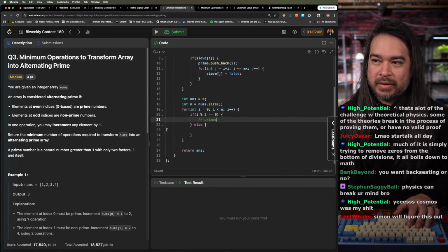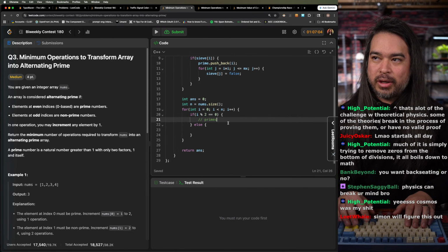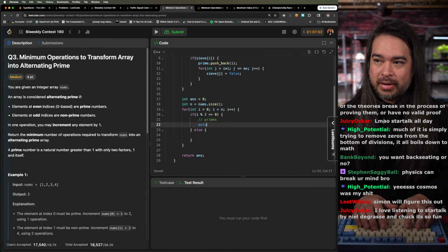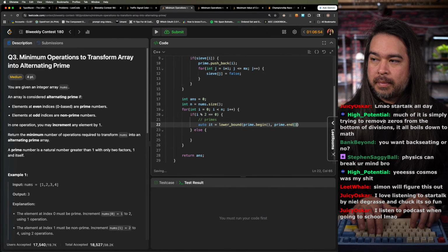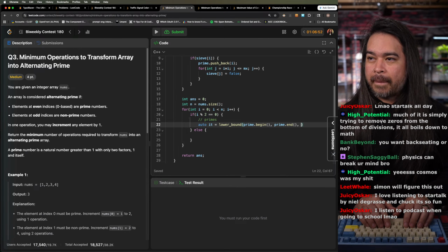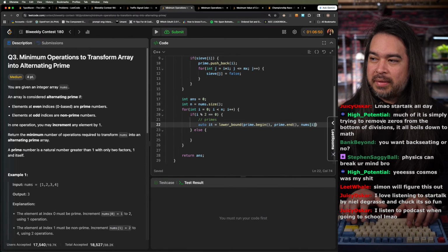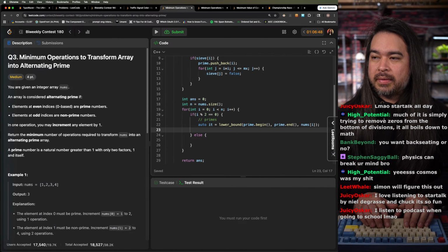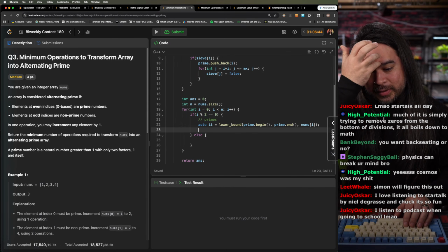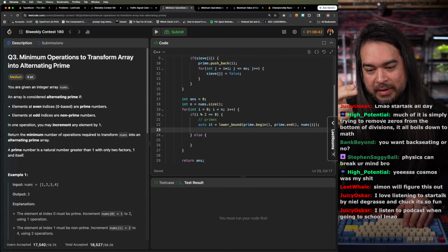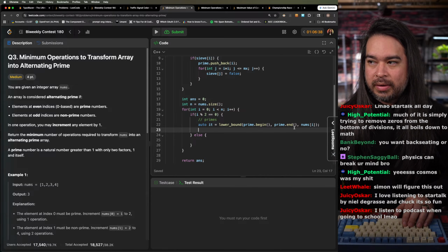All right, so at even indices, it should be a prime. So then if I do like lower bound on nums[i]. Lower bound is going to find the first element that is greater than or equal to the target.